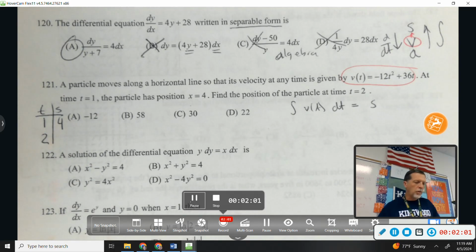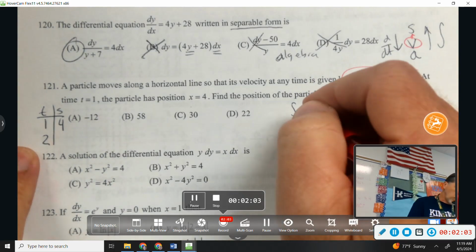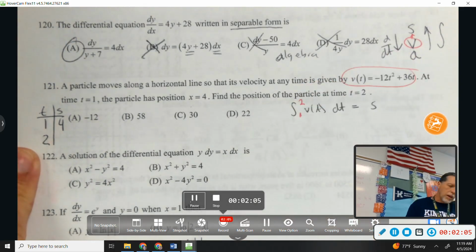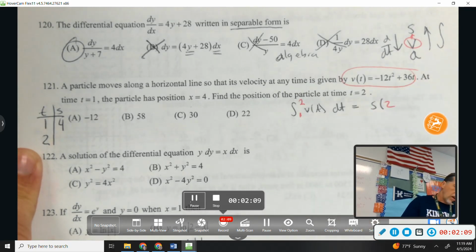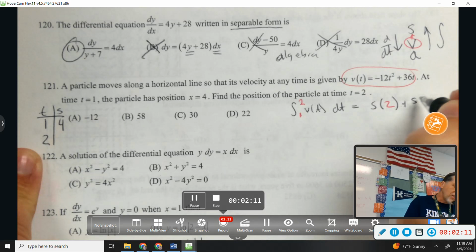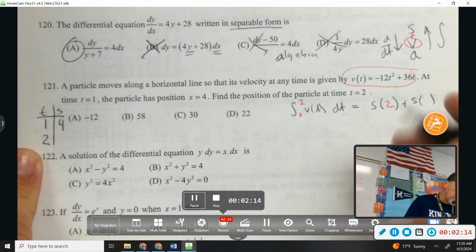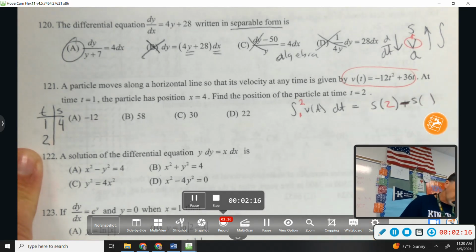Another option, though, would be to use 1 and 2 times 1 and times 2, and then I can skip finding c. Whoops, not plus, but minus. And I'm looking for s of 2. I know s of 1.